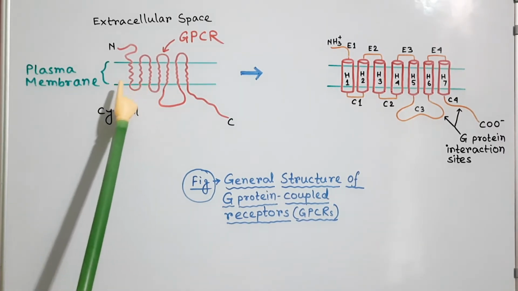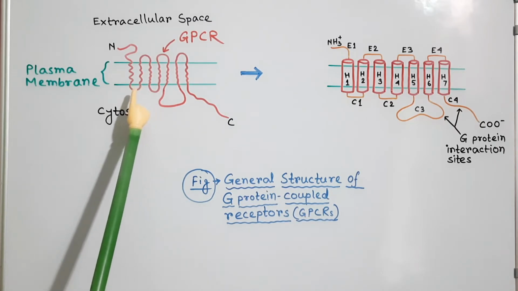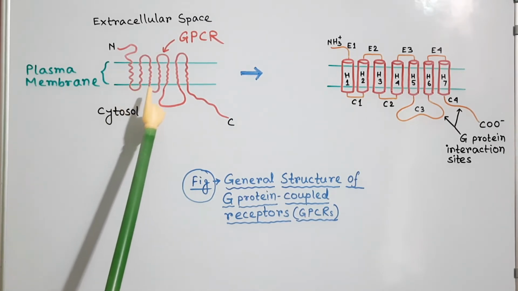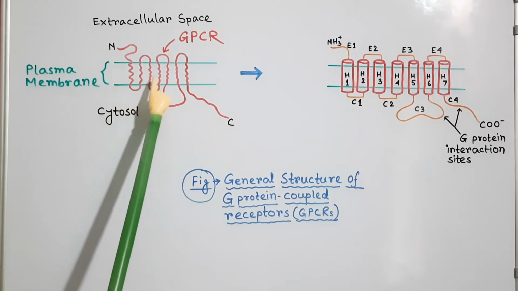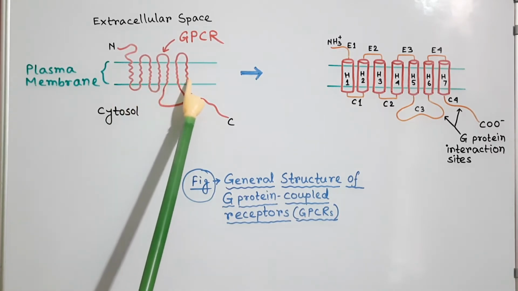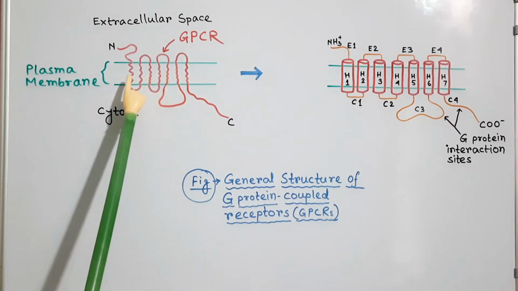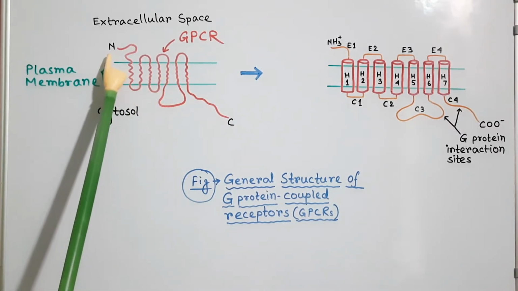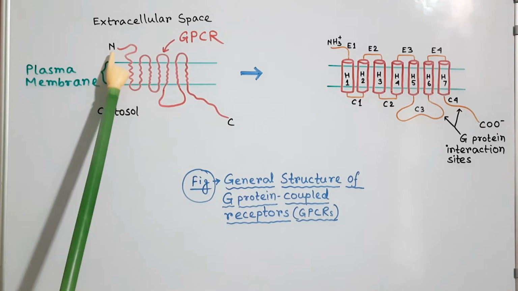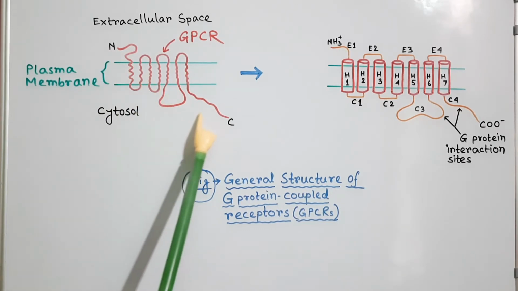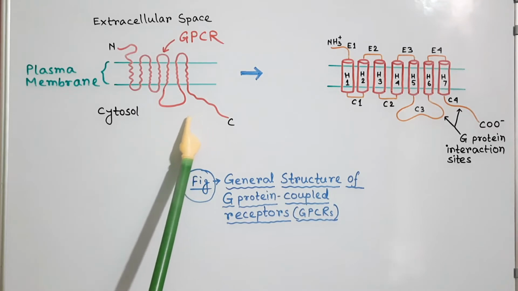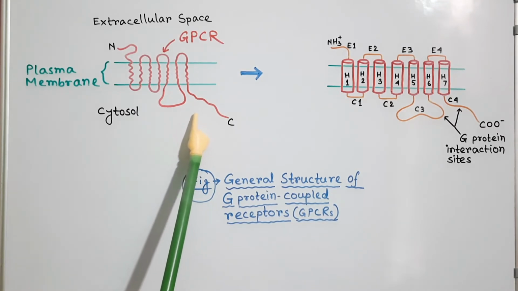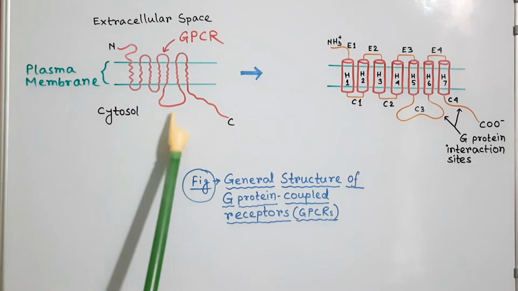All members of the GPCR superfamily share some common structural features. The helices of the receptor span the membrane 7 times. The extracellular domain is for ligand binding. The intracellular domains are for coupling with G protein and interaction with other effector proteins.